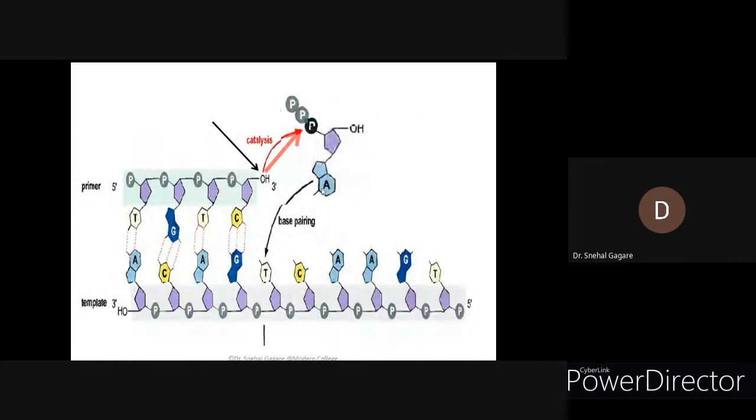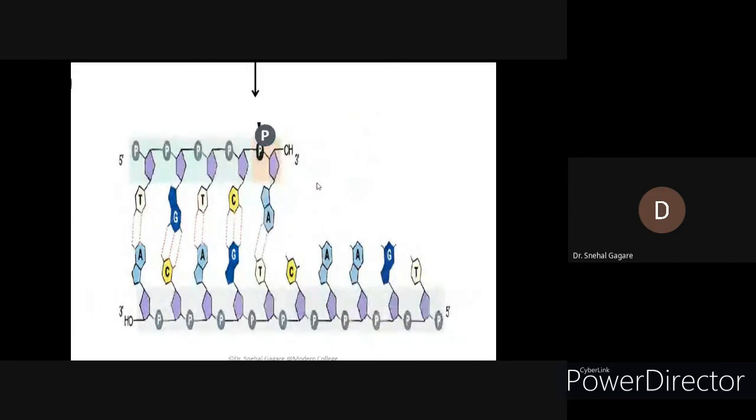and hydrogen bonding between this adenine and thymine. So here we have the newly formed phosphodiester bond between the newly added nucleotide and the previous nucleotide, and the hydrogen bond formed between the nitrogenous bases A and T. In this way, DNA synthesis continues using this 3' hydroxyl group as the one attacking the 5' phosphate.